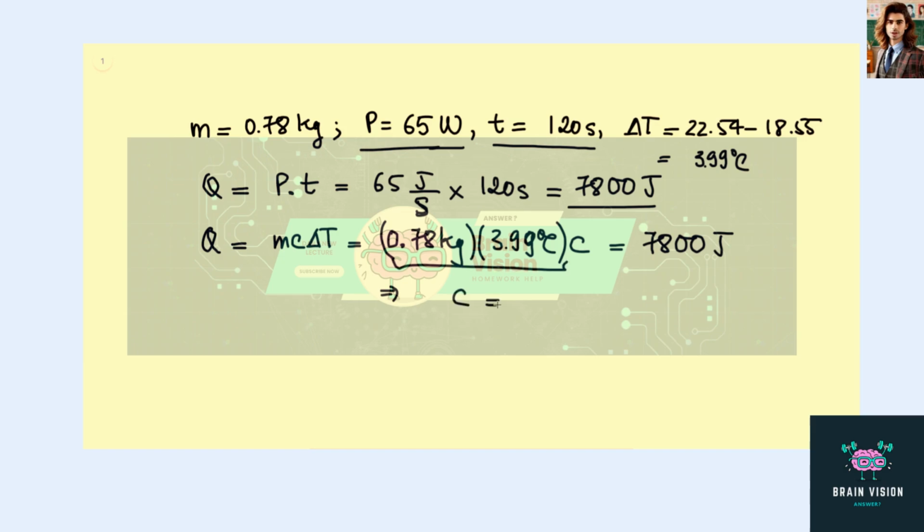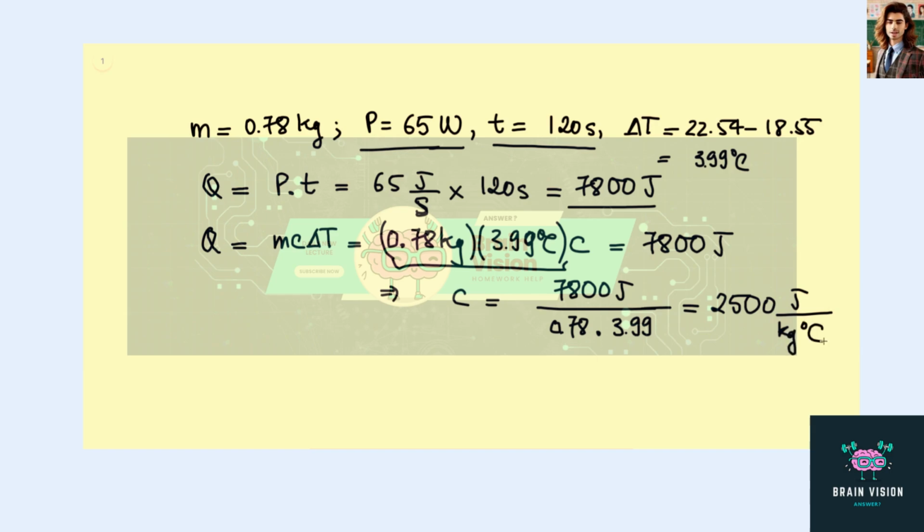C would be equal to 7,800 joules divided by 0.78 times 3.99, and this is approximately 2,500 joules per kilogram C.